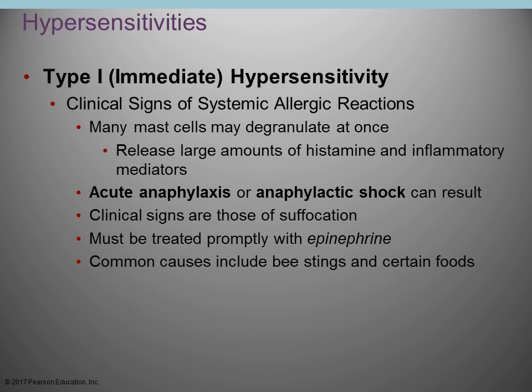Oftentimes what will happen in anaphylactic shock is that the bronchial tubes will tend to constrict, and that can lead to suffocation for the individual. You must start treatment immediately, and it is treated usually with an injection of epinephrine. This is what is in an EpiPen that individuals who know that they are severely allergic to something should carry.